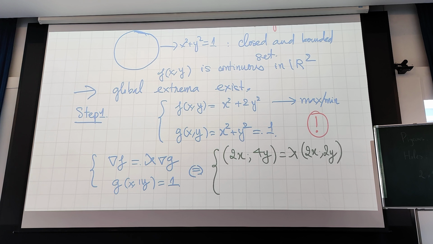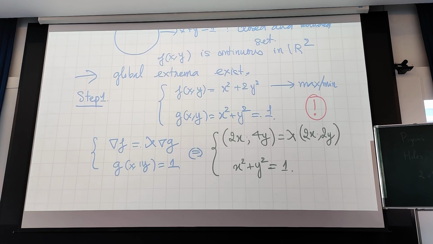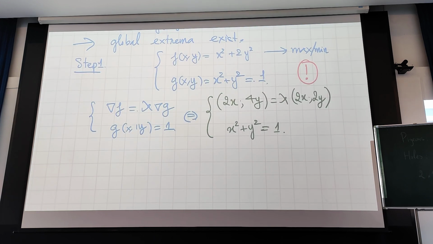And g(x, y) equal to 1 means x squared plus y squared equal to 1. Is it clear? So, comparing the two components of the two vectors one by one, you get 2x equal to lambda multiplied by 2x, 4y equal to lambda multiplied by 2y, and x squared plus y squared equal 1.